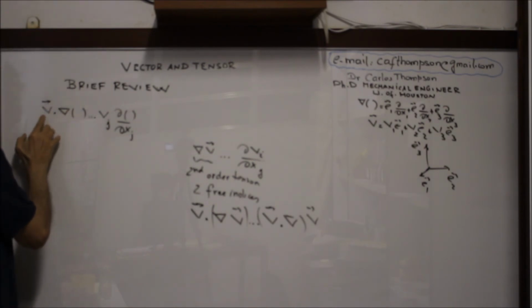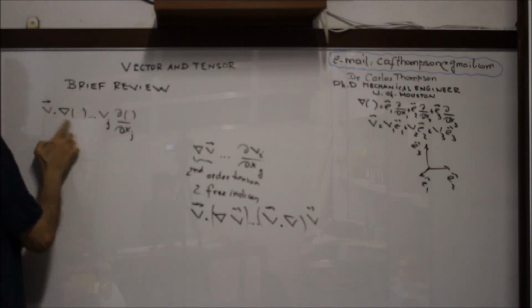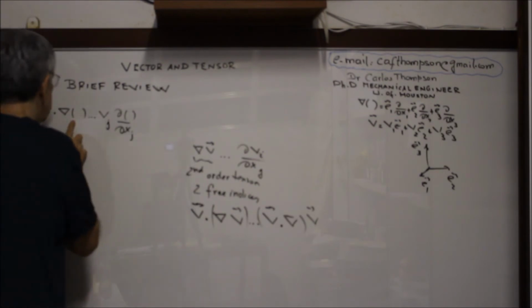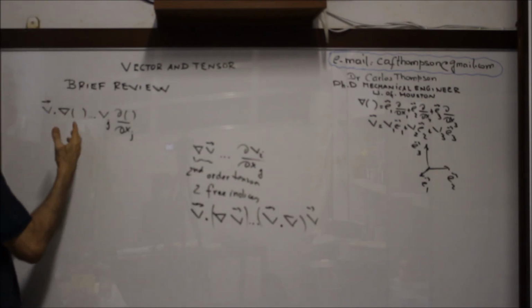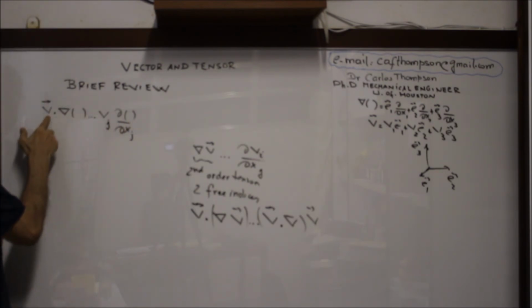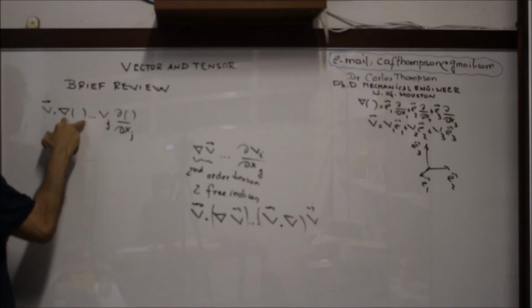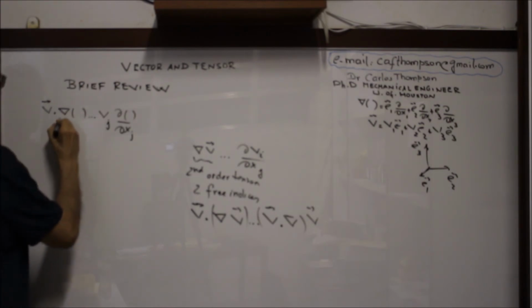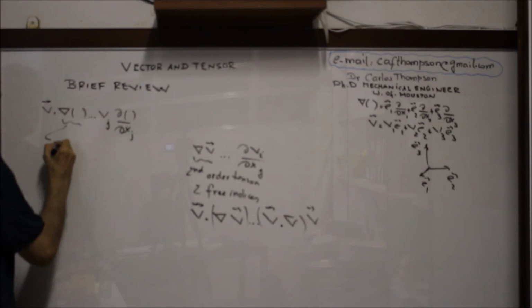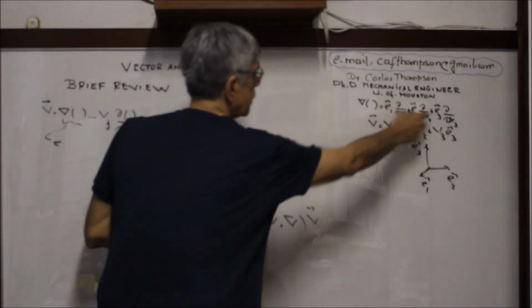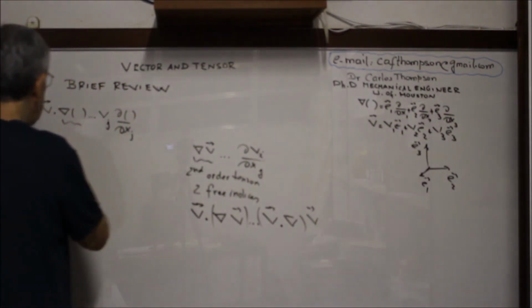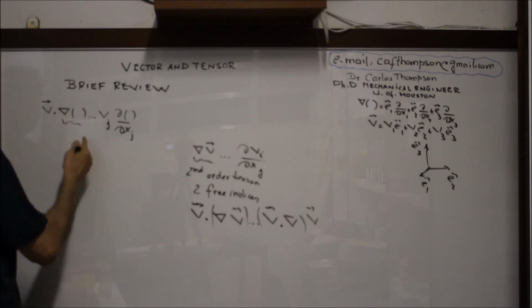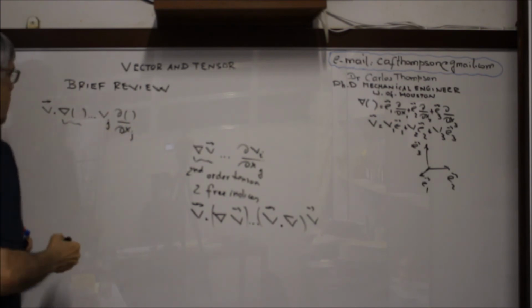How can I write a dot product between two vectors? What are they? v and the pseudo vector. This here is a pseudo vector. So this dot product yields this.